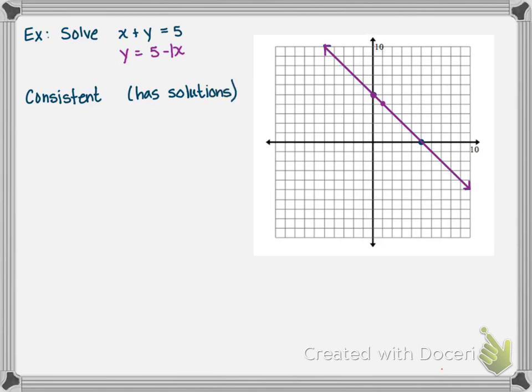But then this one is dependent because both lines are the same, right? I don't have 2 separate lines like I did the last time. So we call this dependent. Which just means that both equations represent the same line. And so those two together give me infinitely many solutions.